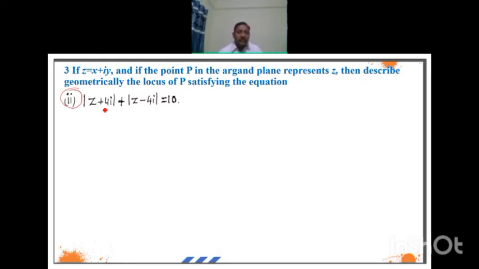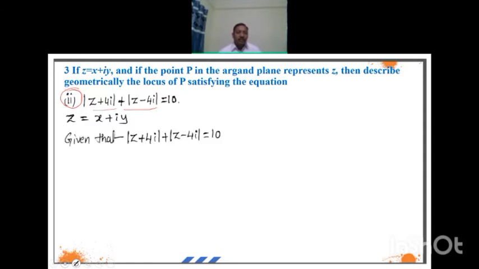So mod z plus 4i plus mod z minus 4i is equal to 10. First of all we need to write down z plus 4i and z minus 4i, so that we can write the modulus. So let us take z is equal to x plus iy as given in the question.